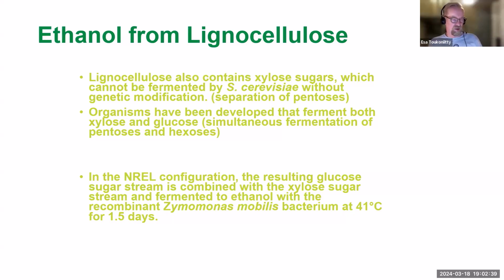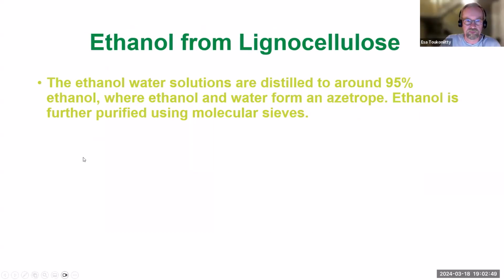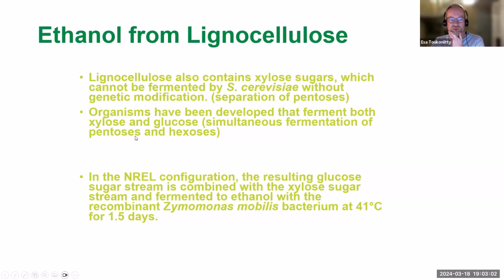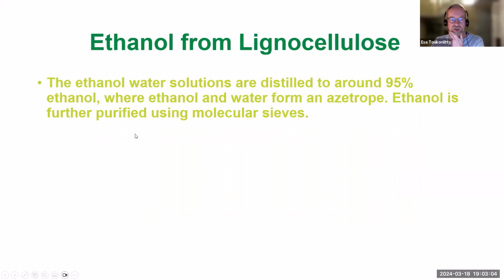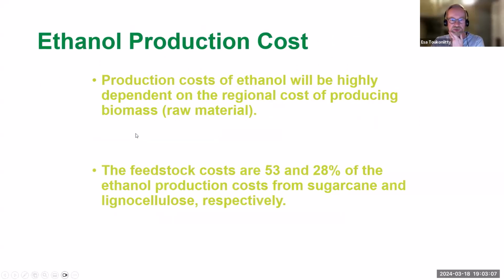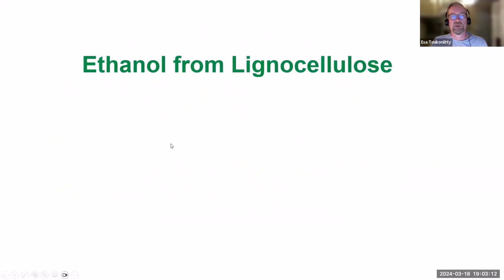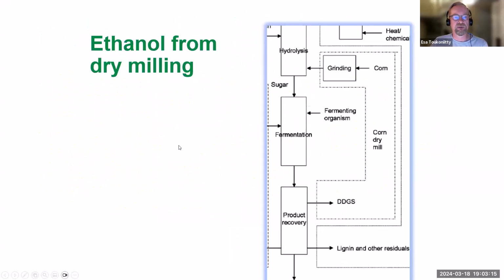It would only convert the 6-ring sugars in this case. So now we covered 4 different processes, how to make ethanol from different starting materials. So there are, I go back a little.